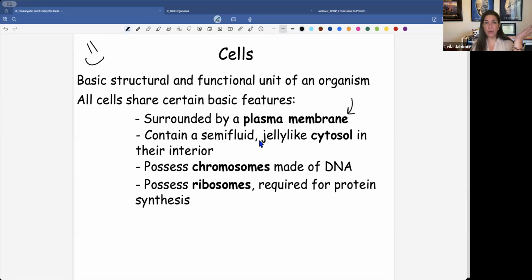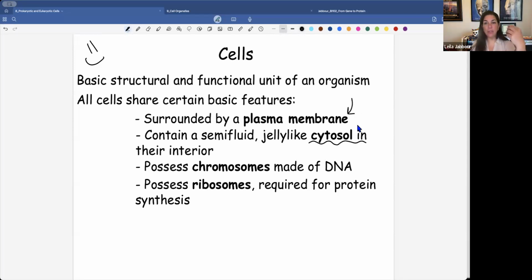All cells also contain a semi-fluid, jelly-like cytosol inside. So the cell is not empty. The cell has liquid in it, and that's an aqueous environment. That means it's water-based. So most of it is water with solutes dissolved in it.